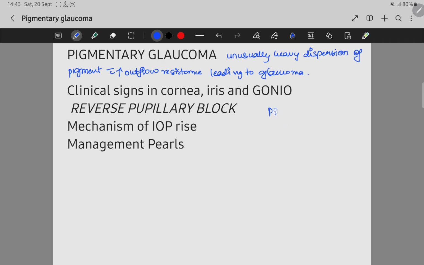So if there is only pigment but no glaucoma, it is called pigment dispersion syndrome.